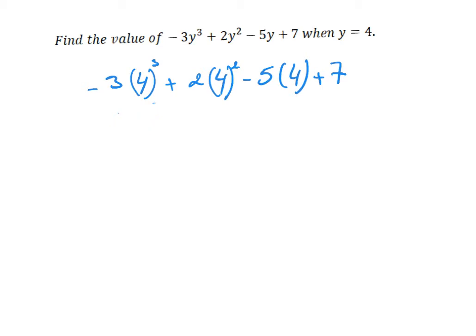It's very, very important. Okay, so let's continue here. We have -3, and remember, this is multiplication here. So 4 to the third power is 64, right? Plus 2 times 4 squared is 16, minus 5 times 4 is 20, plus 7. Let's use PEMDAS here.